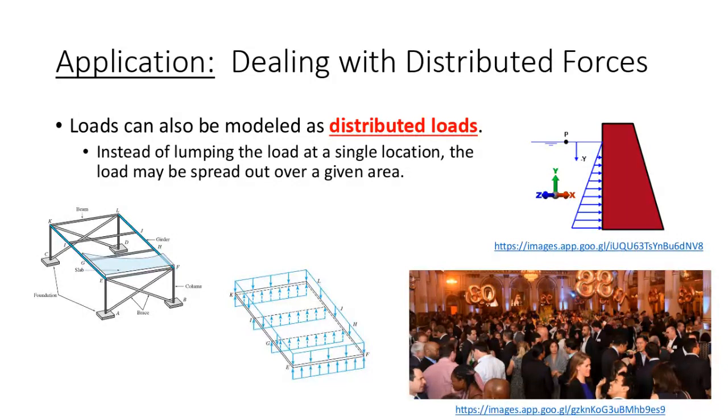Let's keep the numbers simple: let's say each person weighs 200 pounds, and there's easily a couple hundred people in there, so let's say 200 people. So 200 people at 200 pounds apiece, what is that? 40,000 pounds. So how do you model that?